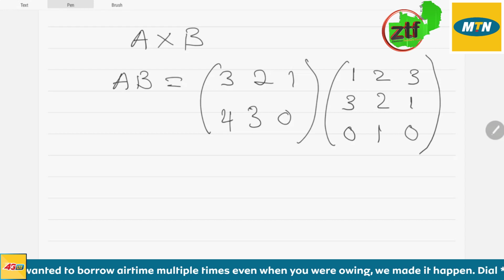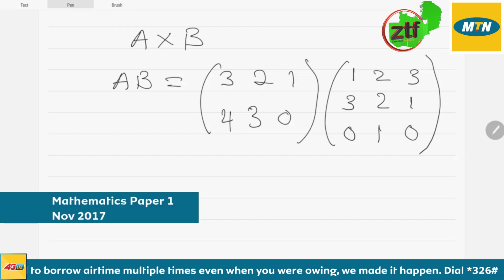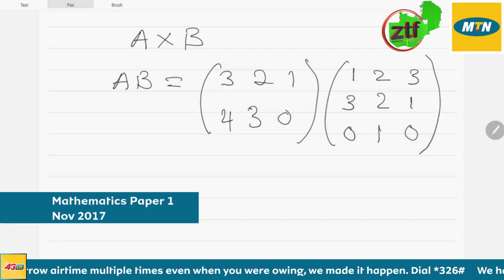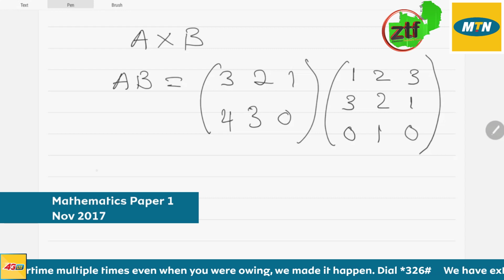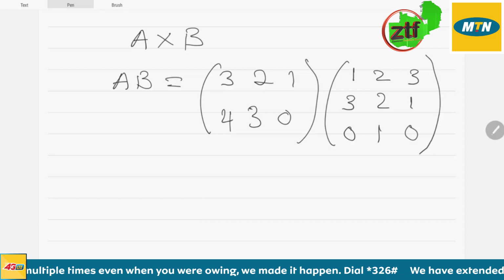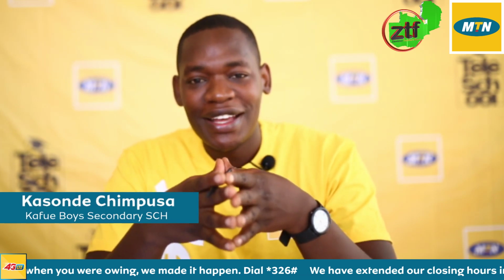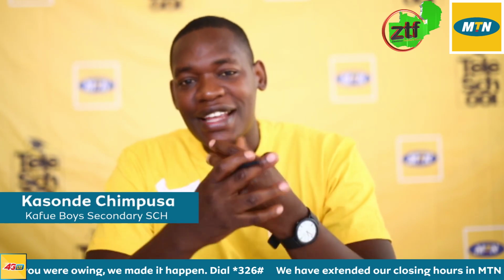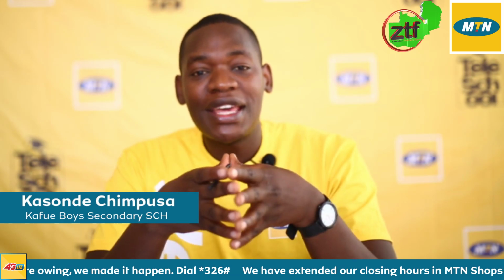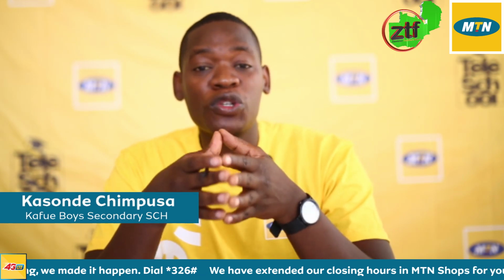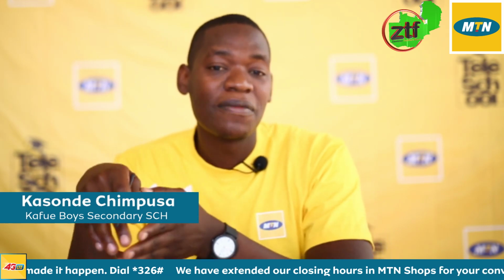Okay, so how do you multiply matrices? The first thing that you need to do is check that the two matrices, before they are multiplied, are conformable. Now, what is the principle of conformability? Conformability states that the number of columns in the first matrix must be equal to the number of rows in the second matrix.